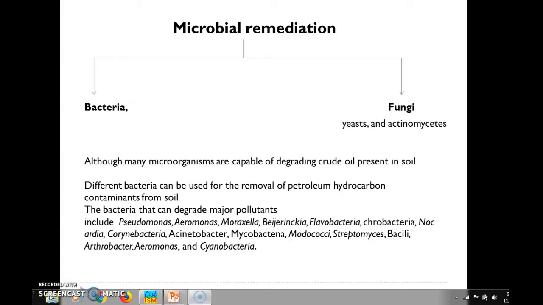Although many microorganisms are capable of degrading crude oil present in soil, it has been found beneficial to use a mixed culture approach rather than a pure culture for bioremediation. So we can mix several species of microbes and culture them in that toxic pollutant. Different bacteria can be used for removal of petroleum hydrocarbon contaminants from soil.